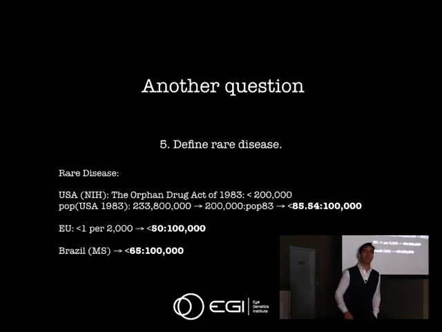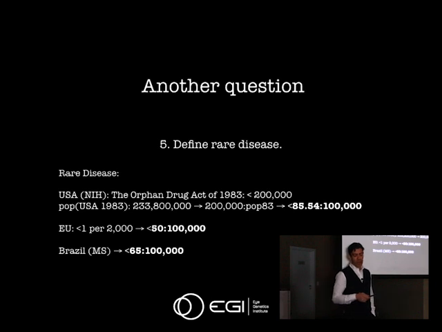Another question that we usually see patients asking us in the clinic, not another question, but here is more a definition. So define rare disease. So what is a rare disease? We are dealing with rare diseases in the clinic, in the eye genetics clinic, on a daily basis, so we need to know that number. And that number varies again from country to country.